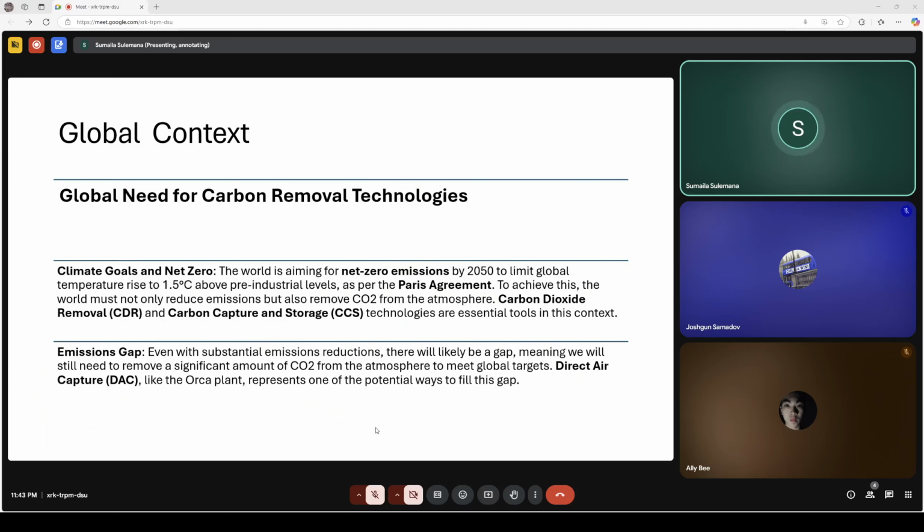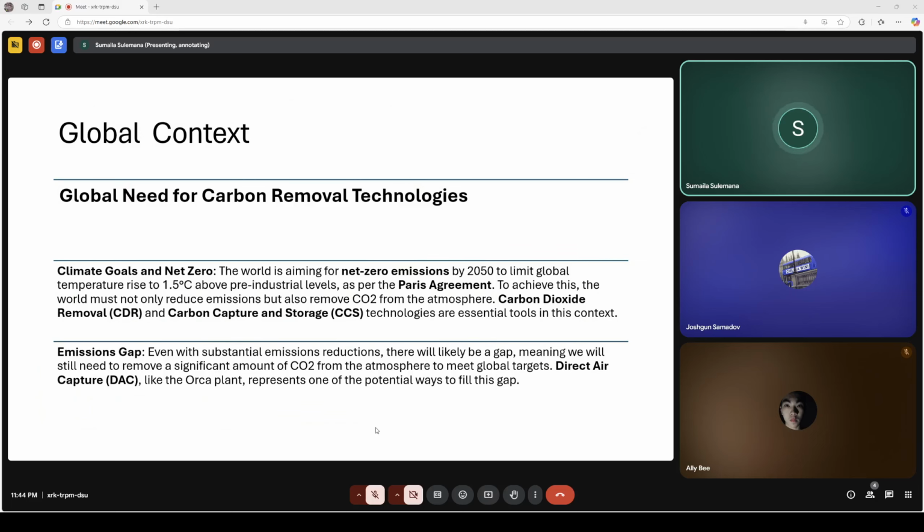However, we have to achieve net zero emissions from some of these emission sources, so we utilize CDR technologies, or both CDR and CCS technologies, in certain circumstances. When we look at the emission gap, even with substantial emissions reduction there will likely be a gap, meaning we will still need to remove a significant amount of CO2 from the atmosphere to meet global targets.